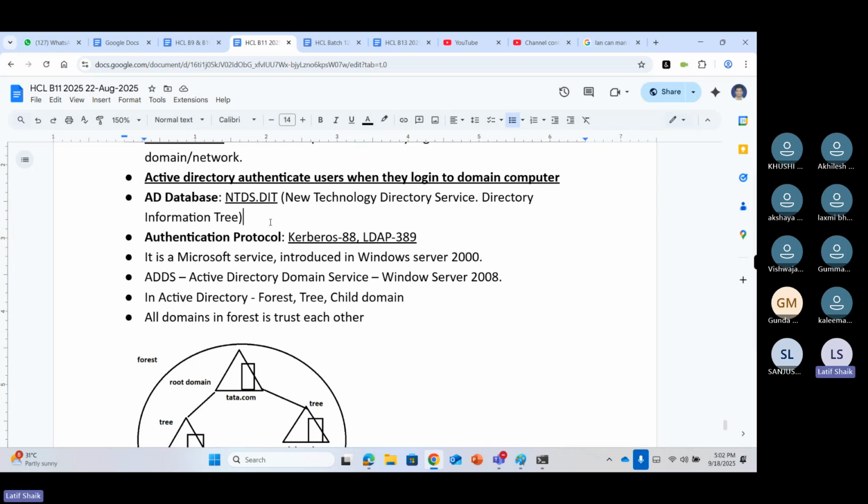Because in 2008, not only Active Directory Domain Services, there are also other services based on this architecture that were introduced: Active Directory Certificate Services, Active Directory Rights Management Services, Active Directory Lightweight Directory Services, Active Directory Federation Services.